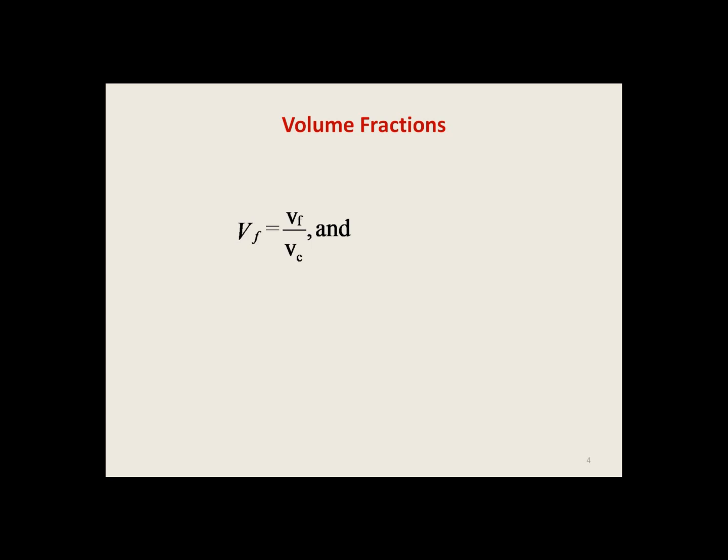Here I want to mention capital V with subscript for the volume fractions, and small letters with subscripts for the volumes. Like small Vf is the volume of fiber, small Vc is the volume of composite, and similarly small Vm is the volume of matrix.